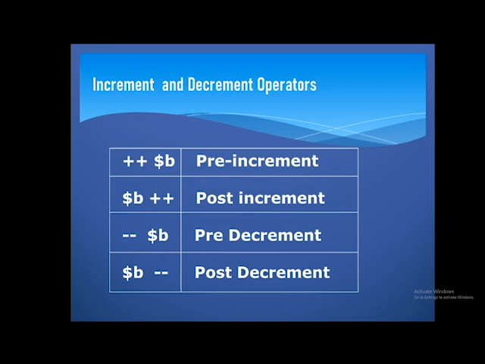Post-increment, first it will assign, then only it will increment the value. Pre-decrement, first it will decrement the value, then only it will assign. Post-decrement, first it will assign the value, then only it will decrement. This increment and decrement operator we can use in a for statement.